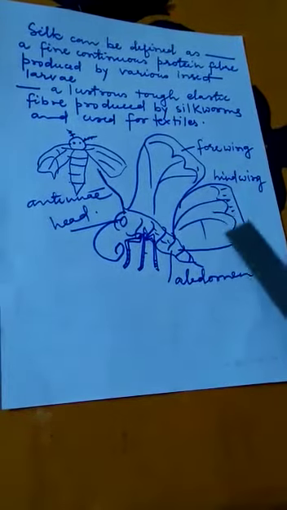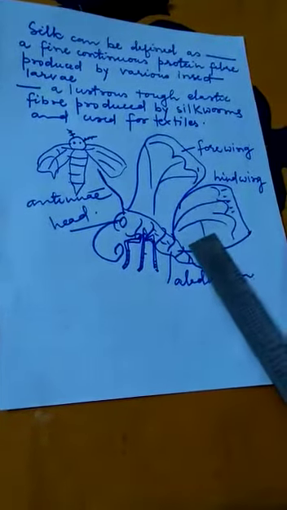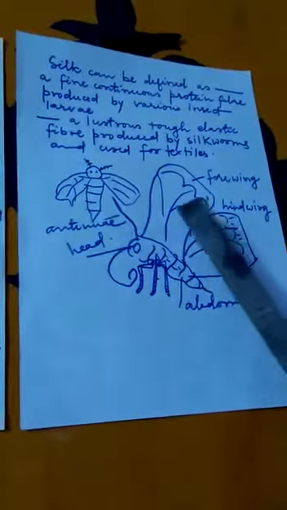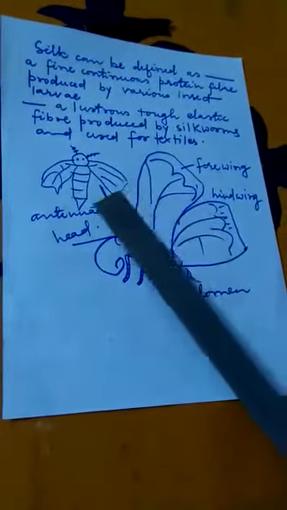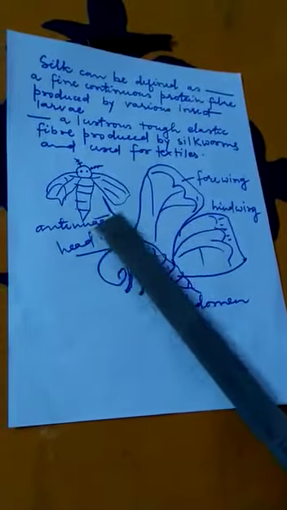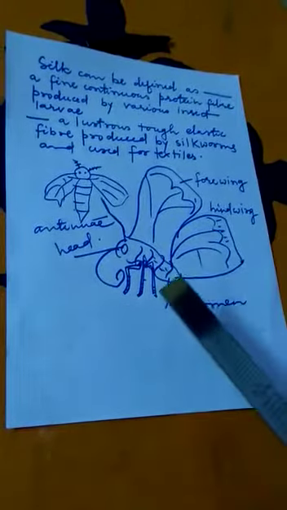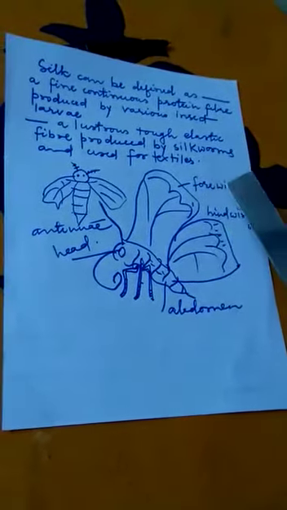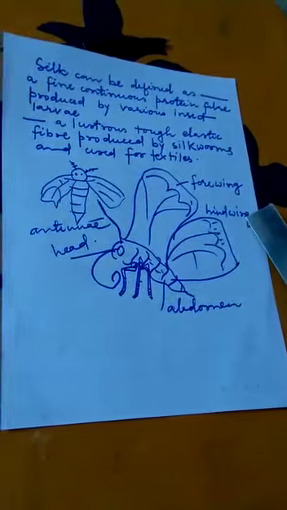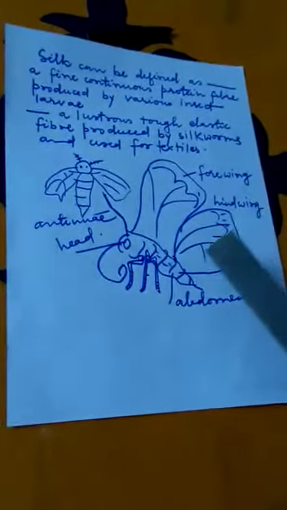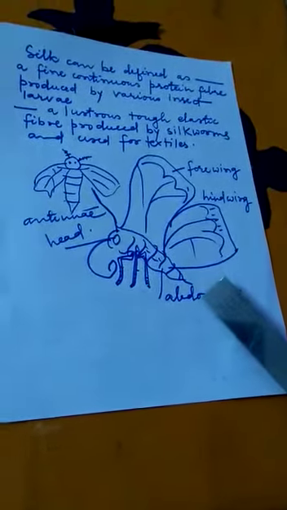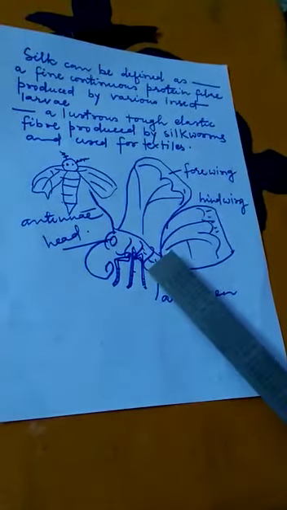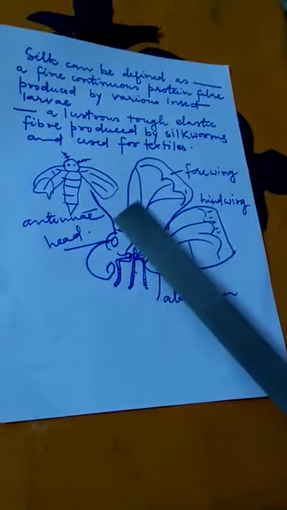So this is the structure of Bombyx mori, and both the male and female sexes are drawn here. In the enlarged view of the female, it has a forewing and hind wing like other insects. It has an abdomen and three pairs of legs with a head and antennae.